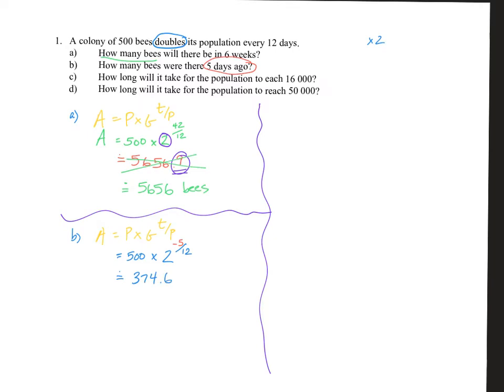Okay, here becomes our rounding issue. We clearly know that we can't have 0.6 of a B. And we may be tempted to say, oh, I know from the previous problem, you round down. And so therefore, our answer would have been 374 Bs. We would be incorrect again. So let's get rid of that. Let's notice what is happening to the population when we go backwards in time.